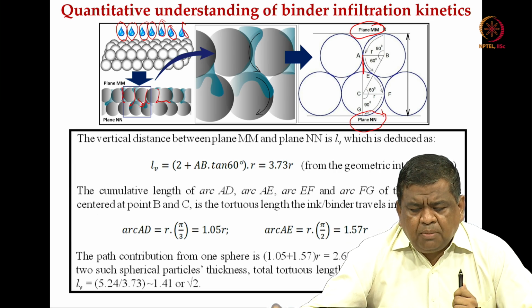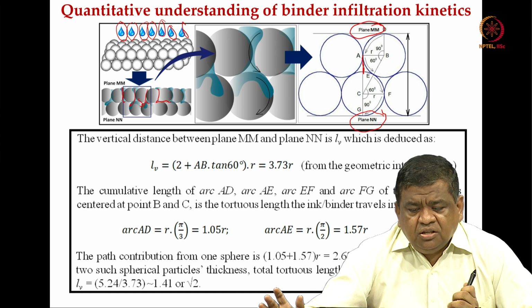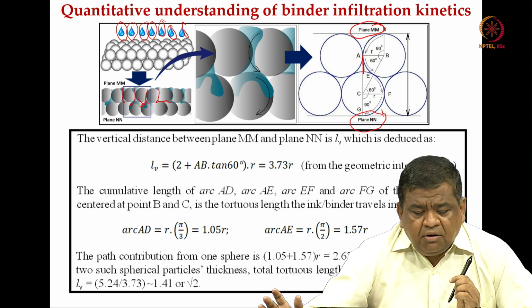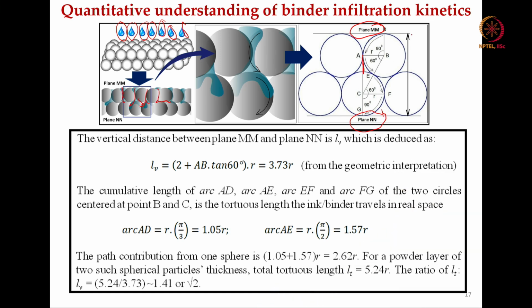So, from simple geometrical considerations, if you look at that, the vertical distance between plane M and plane N is essentially LV, and if you consider AB, it comes out to be 2 plus AB tan 60 into R. R is your particle size, right.